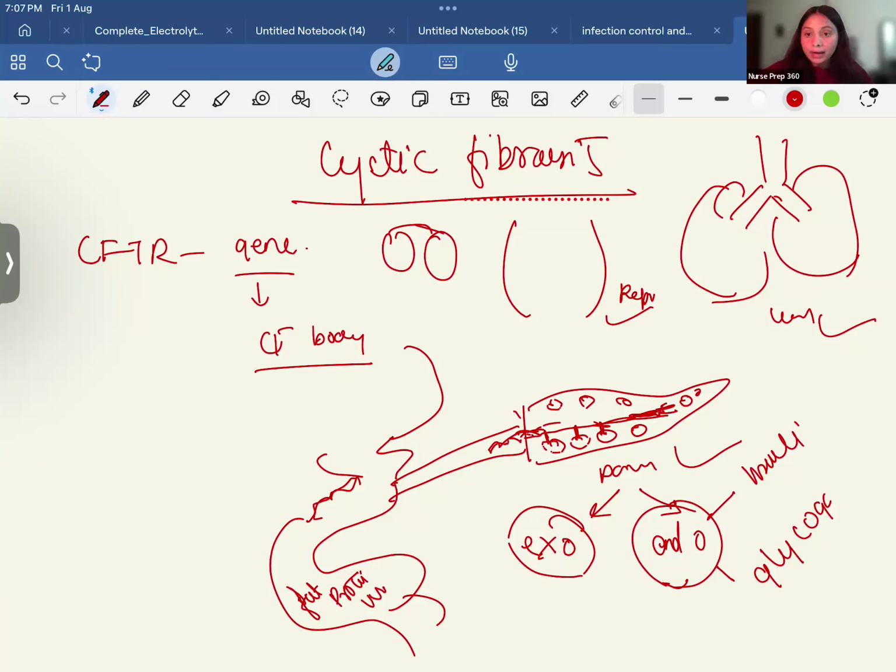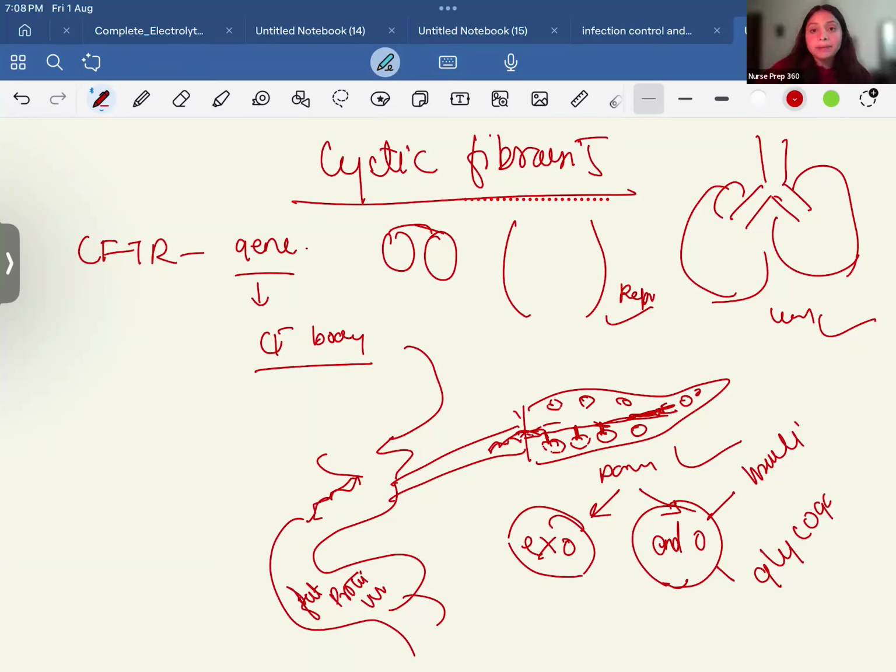Apart from this, the patient will have malnourishment. Write it down. Malnourishment. If a patient is unable to break down fat, will the patient be able to absorb fat soluble vitamins? No, ma'am.